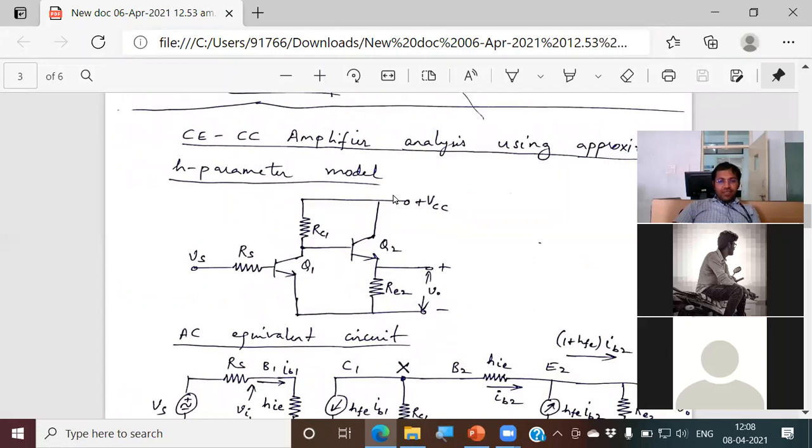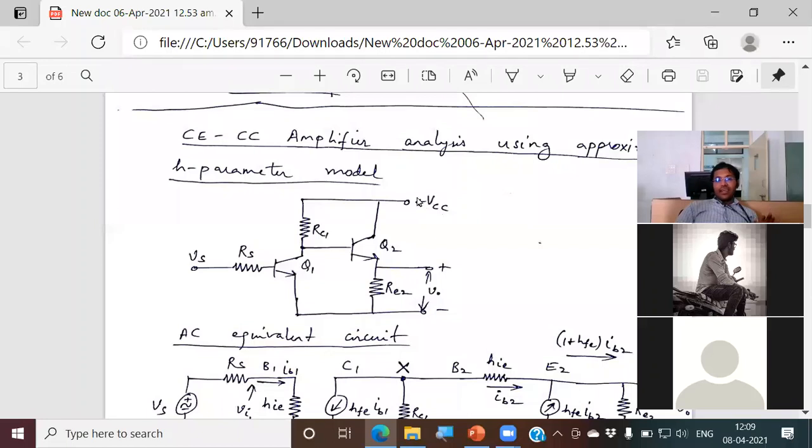Let me give a brief of this. The previous circuit was a cascode amplifier, cascode connection. This is a cascade connection, cascade because the output of one stage is connected as input to the other stage. Common emitter because the emitter is grounded, common collector because the collector is grounded. VCC, from the AC point of view, is like ground, a constant signal with no changing signal.